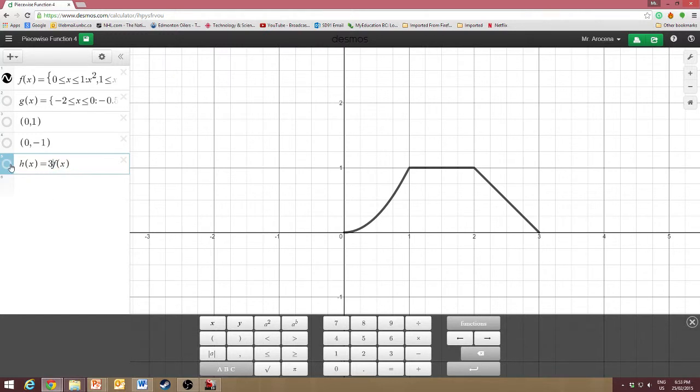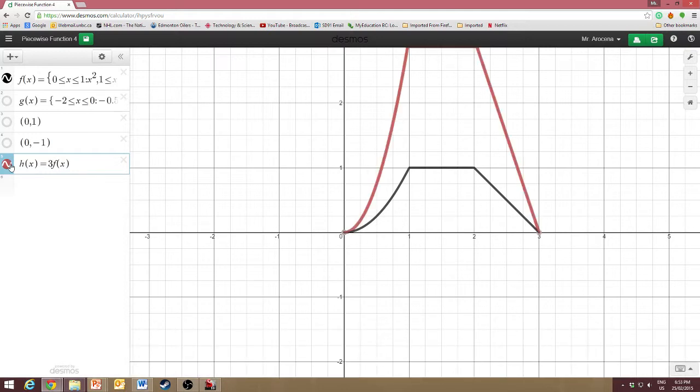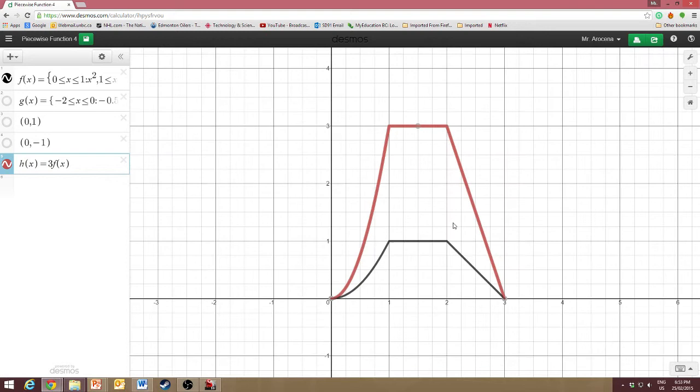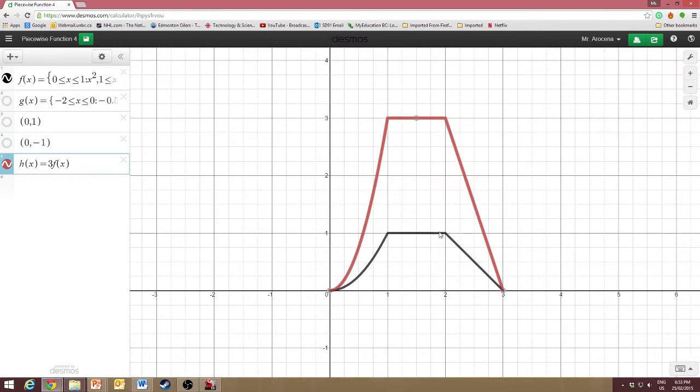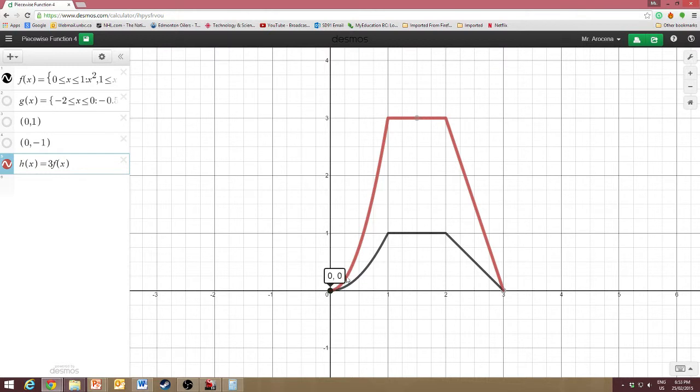From our function transformations, if I multiply f of x by 3, the function gets vertically stretched by a factor of 3. And what does that do to my limits? Well, let's take a look. As x goes to 1 on h of x, it looks like the value approaches 3. So lo and behold, the limit gets multiplied by 3.